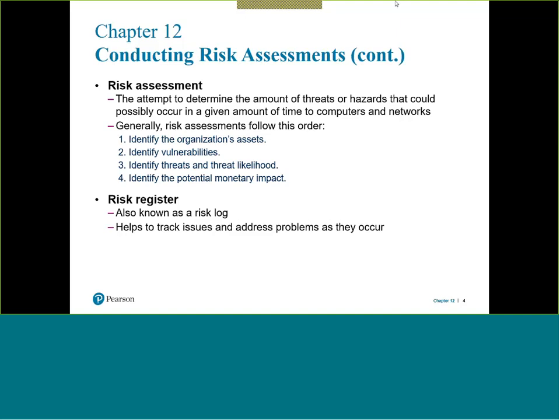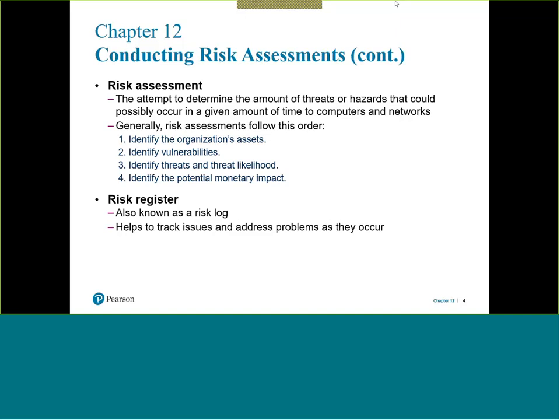I usually use my home network as an example on this one. I don't have a huge amount of security on my system at home. Other than just a decent WPA2 password, I don't have a lot set up. If they get into my network at home, they're not going to get anything, so it's not that big a deal. And then what is the potential monetary impact? If this happens, what's it going to cost me?